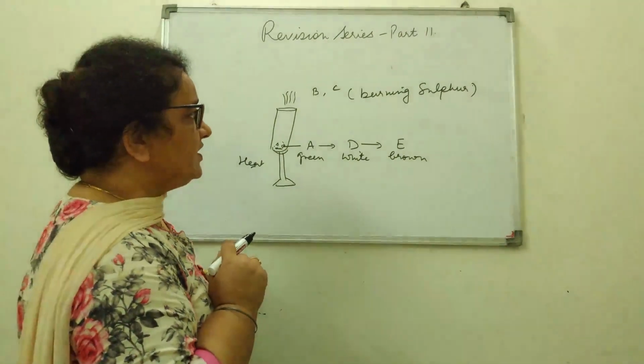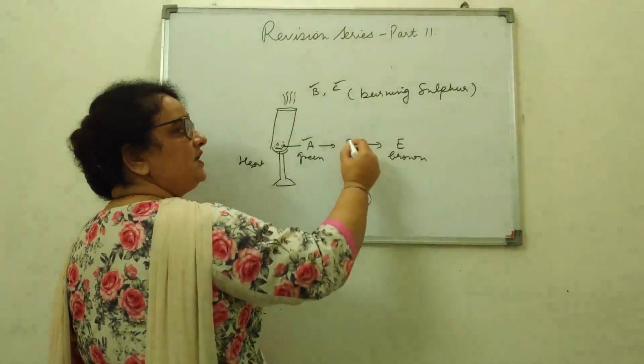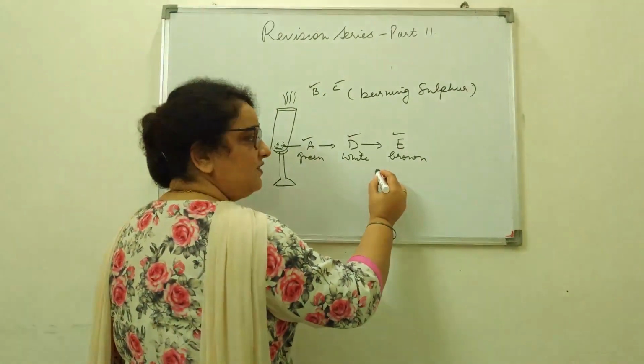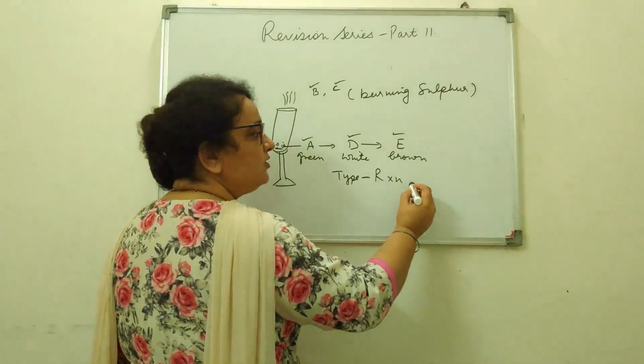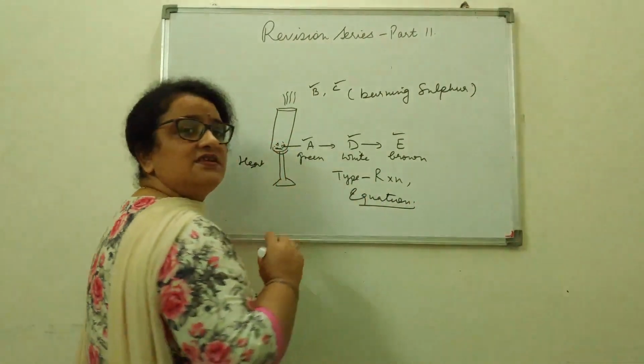So the question is, identify A, B, C, D and E. And you also have to give the reaction, its type, and a well-balanced equation.